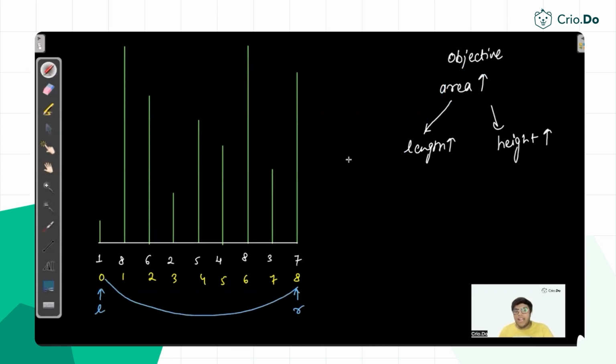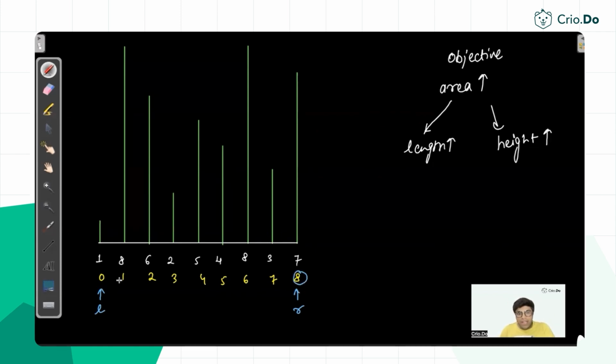It might have a lesser height, for example, one height only. But I will try to improve it in terms of height. First, I have taken the maximum length, although the height might be the minimum, but I will try to balance both. I will try to go to a certain point where length will be good enough, height will be good enough, and the area will be good enough. That is the maximum. So currently, what is the area?